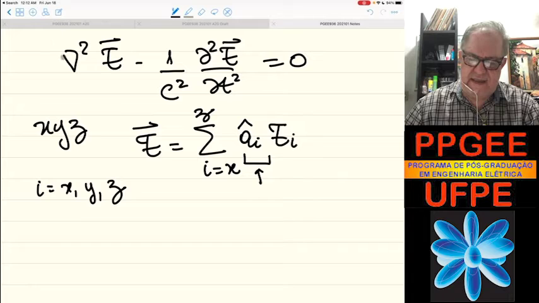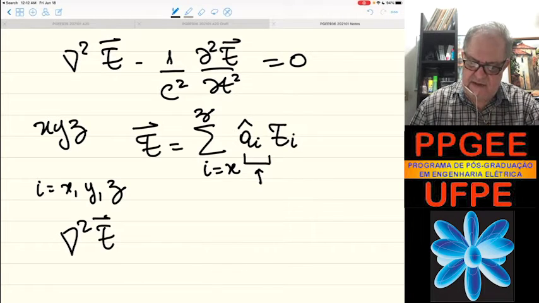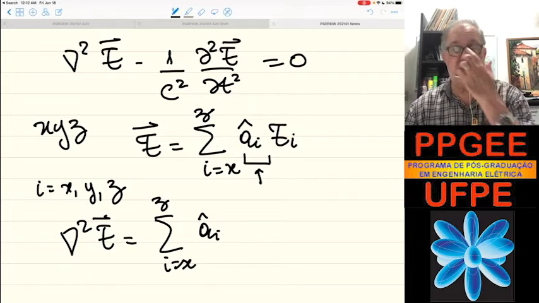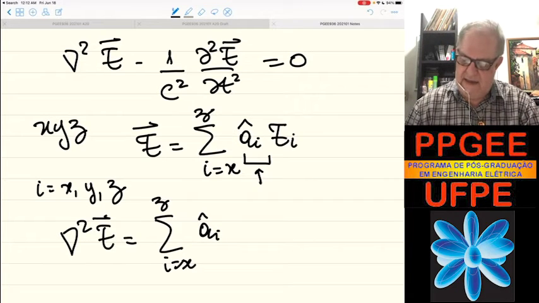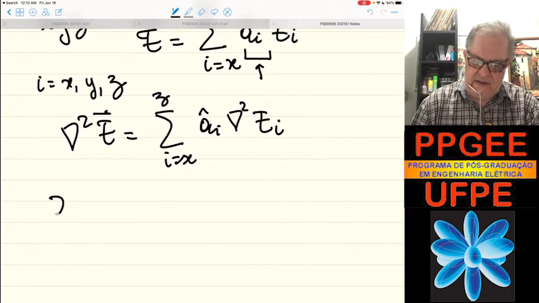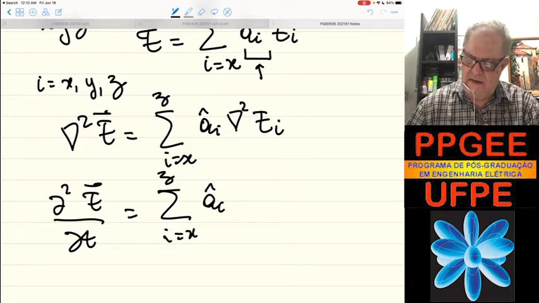So the Laplacian of f, in this specific case, is going to be the sum of a_i, because the Laplacian is not going to act on a_i. It's going to be the Laplacian of f_i, and also the second derivative, equals the sum. Same thing, right?